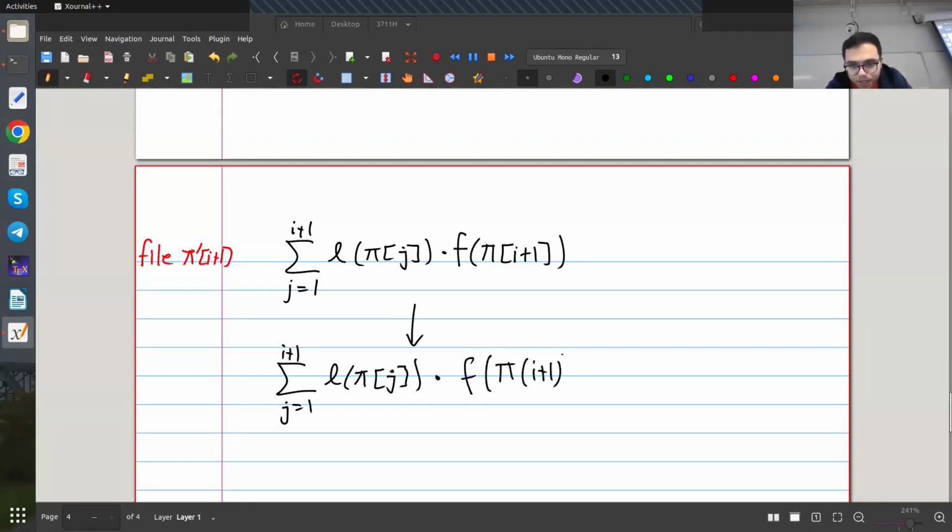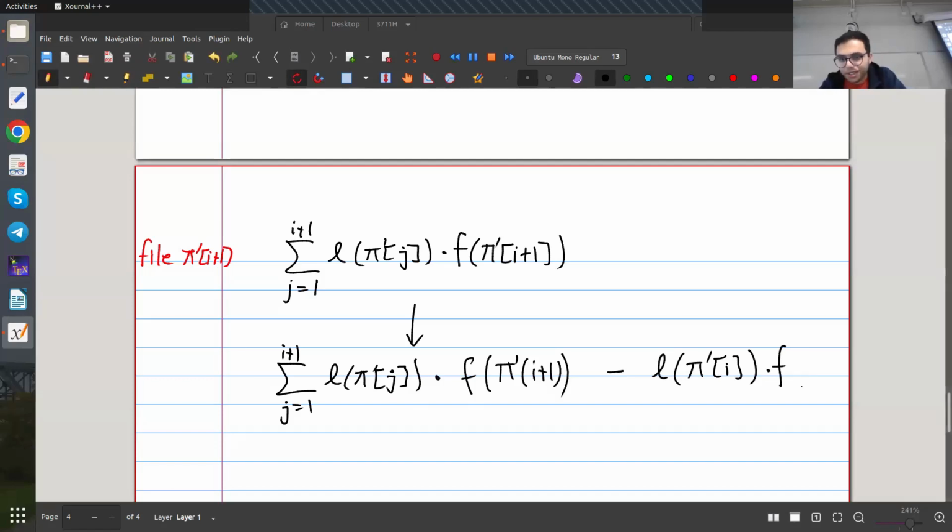But now, how much should I subtract from it? Every time that I access this file, I don't have to go over the length of file i. So, minus the length of the file P prime of i times the number of times that I'm no longer going over it, f of P prime of i plus 1.